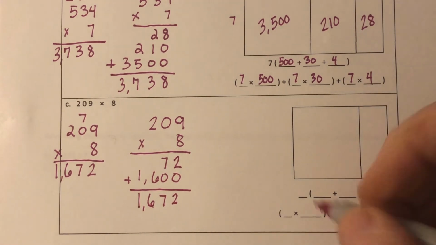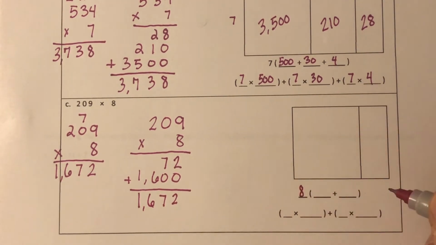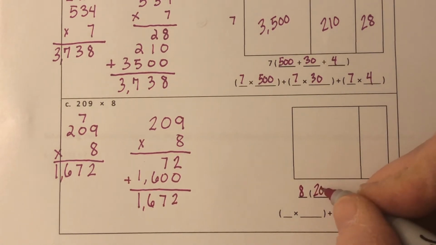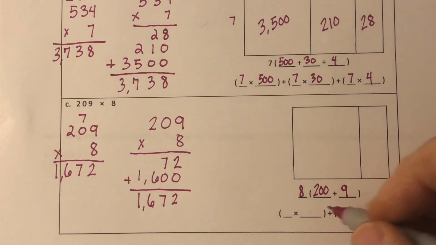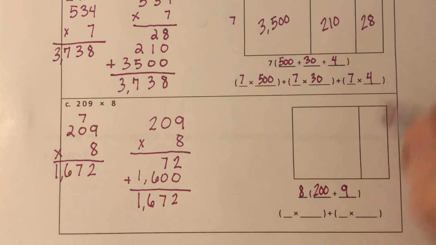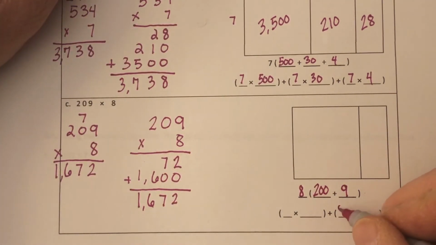Here we go. This would be 8, and then I have to write 209 in expanded form. So 209. Now there's no space for a tens here because there are no tens. It's just 0, right? So I don't have to write anything for tens. So 209 written in expanded form is 200 plus 9. Down here, I'll write 8 times 9 because I have to multiply that.